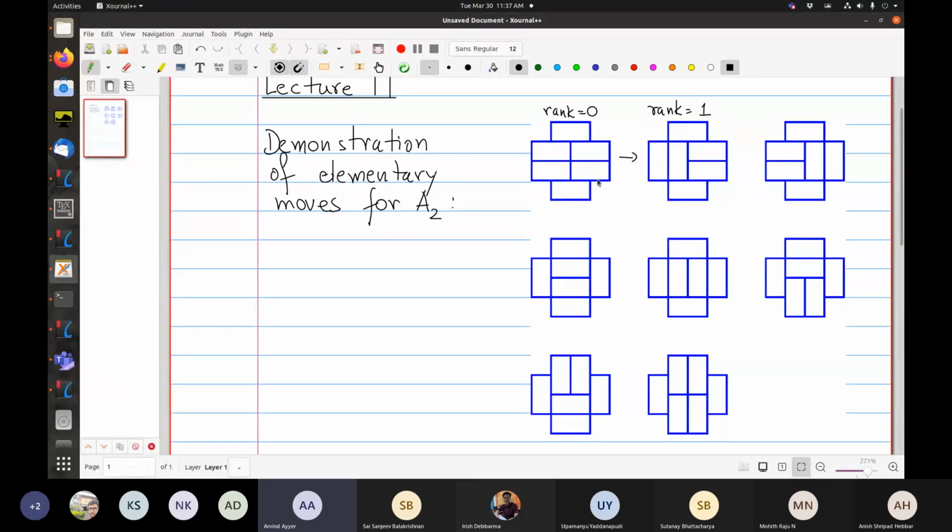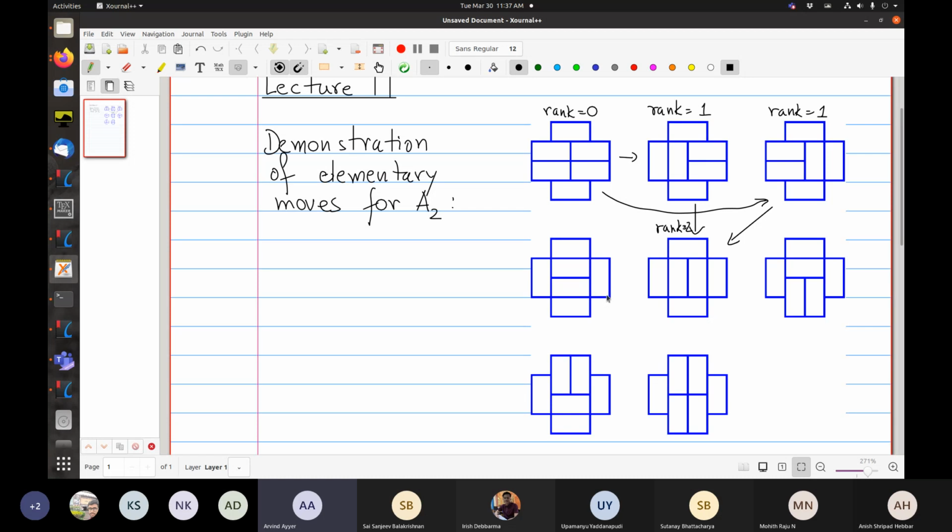Or you could flip these two to go here, which will also give you rank 1. And then from either of those two, you could flip the other 2 horizontals to get 2 verticals, and you will come over here. So both of these will give you rank 2, this rank 2 guy.